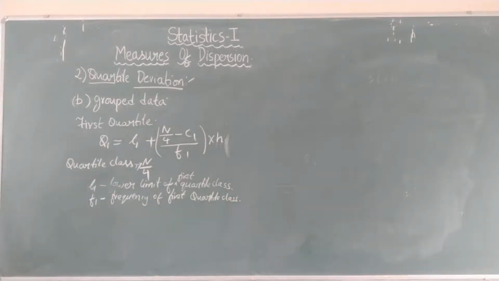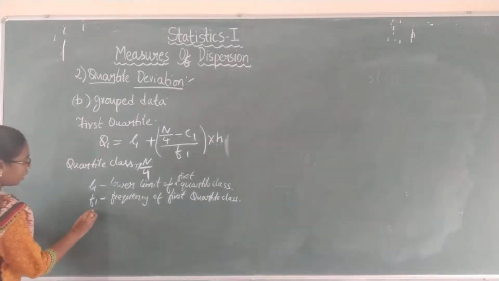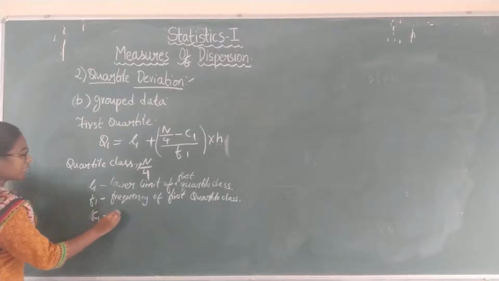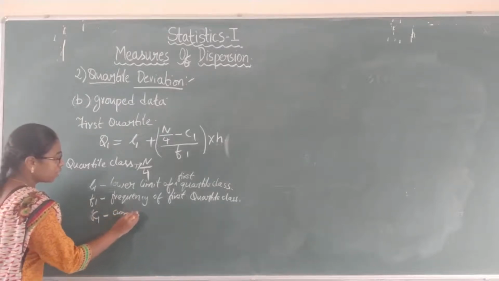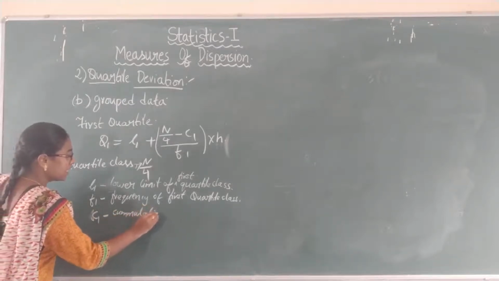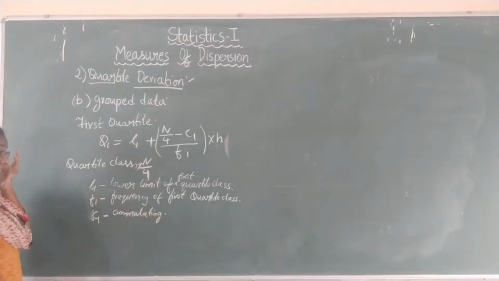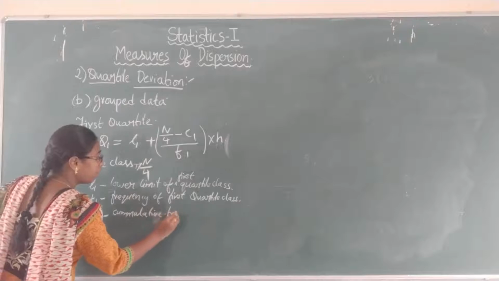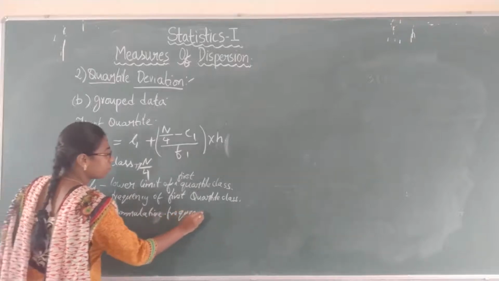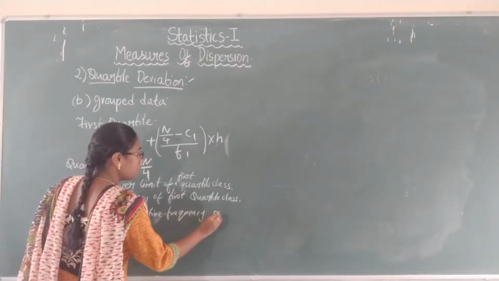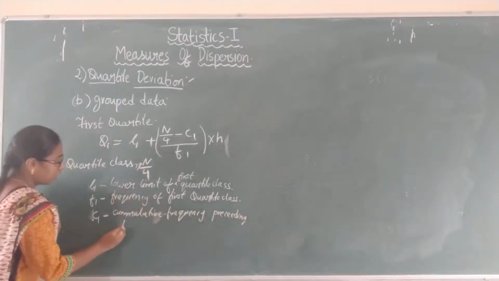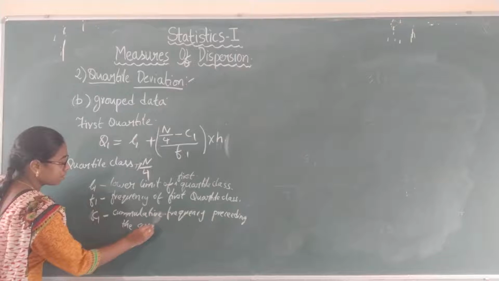Similarly, what is C1? C1 is the cumulative frequency of the class preceding the first quartile class.